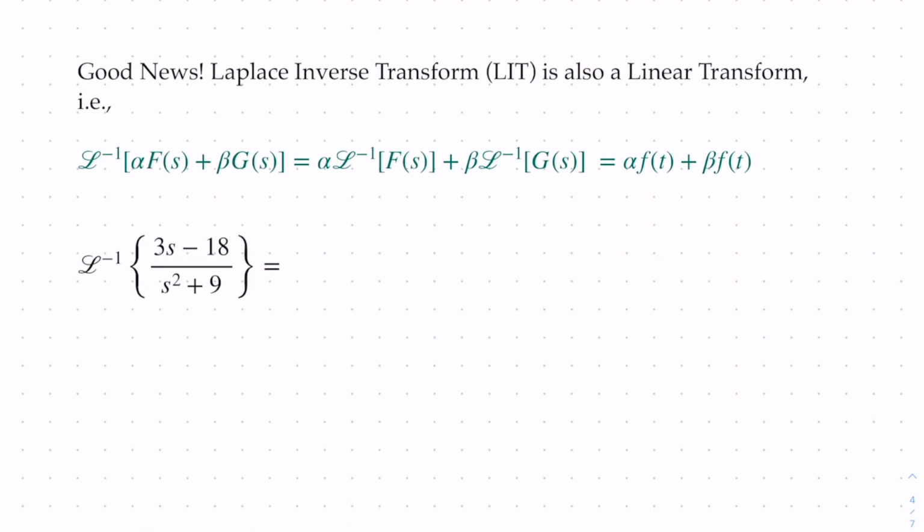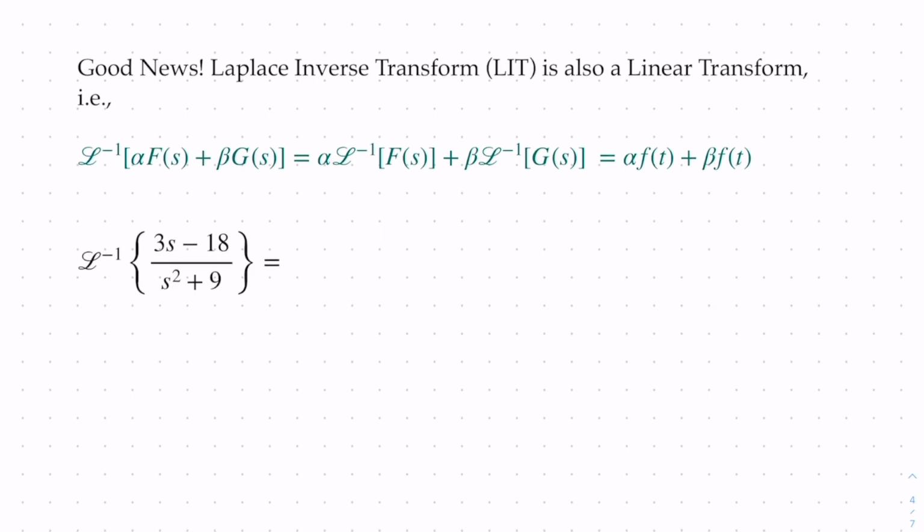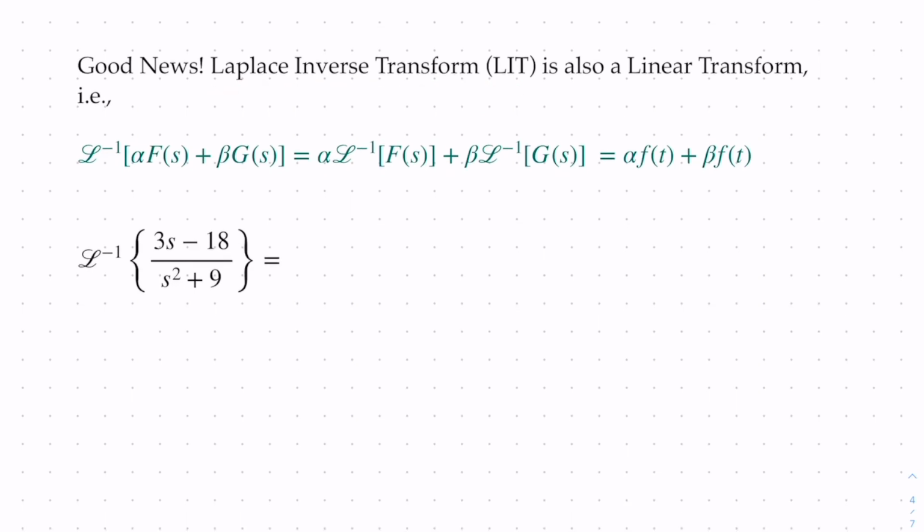The good news, as I said earlier, is that the Laplace inverse transform is also a linear transformation. What do I mean by that? Laplace inverse of alpha F of s plus beta G of s is equal to alpha Laplace inverse of F of s plus beta Laplace inverse of G of s, which you can say is alpha f of t plus beta g of t.